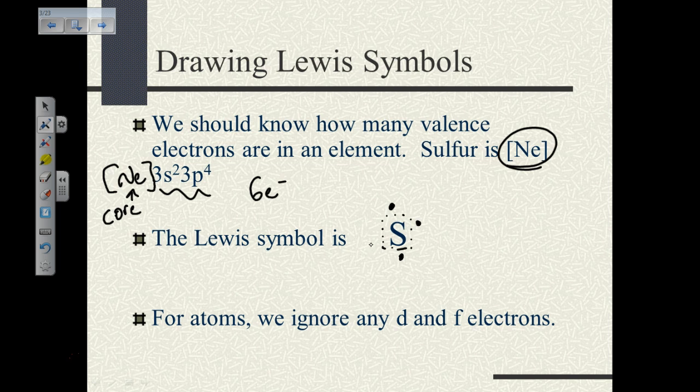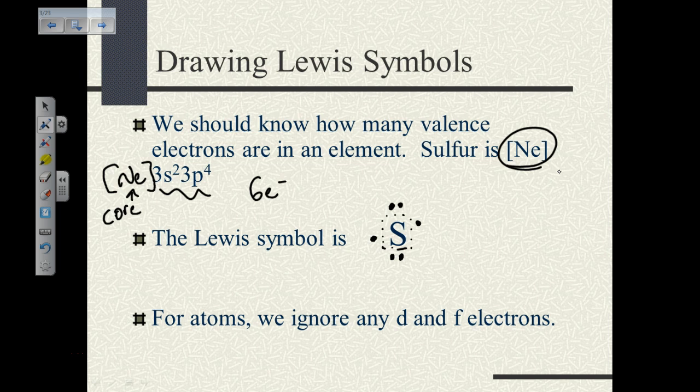So we're going to put 1 electron on each side until we get 4 electrons. And typically, we should do it in some order all the time. So I always go top, bottom, right, left. That's 4 electrons. Now we're going to pair the other 2. So now we have 2 pairs and 2 non-paired electrons. That's a total of 6 electrons.